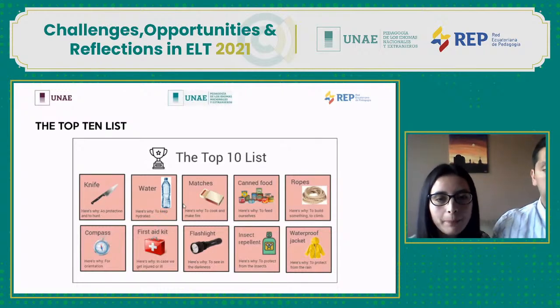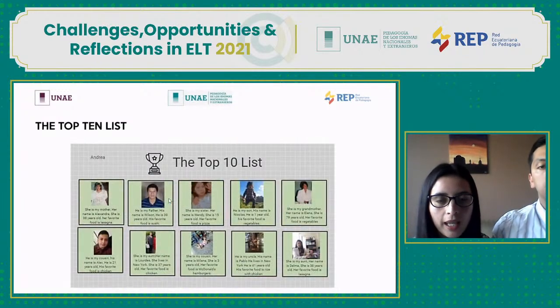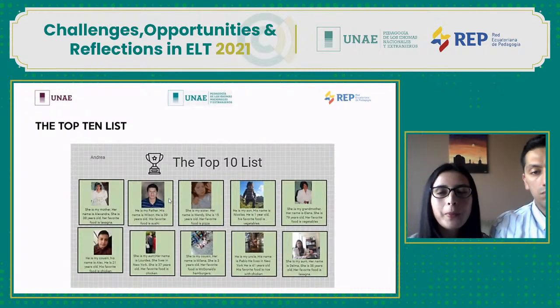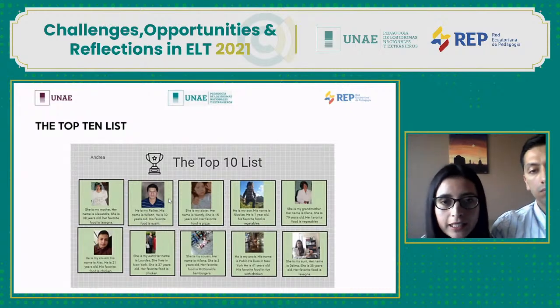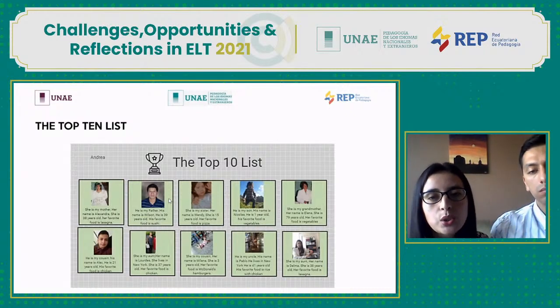I have another example here, and this is from a first level class. In this case, I was working with family members and also with possessive pronouns. Here, this student needed to choose their 10 top family members.